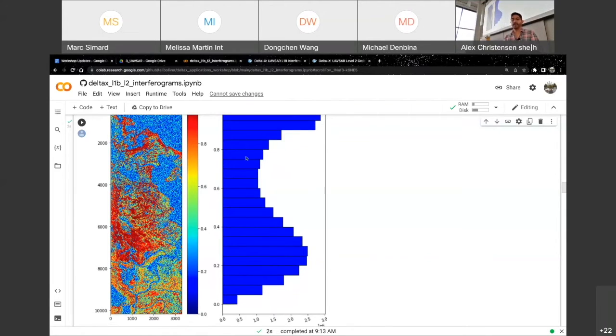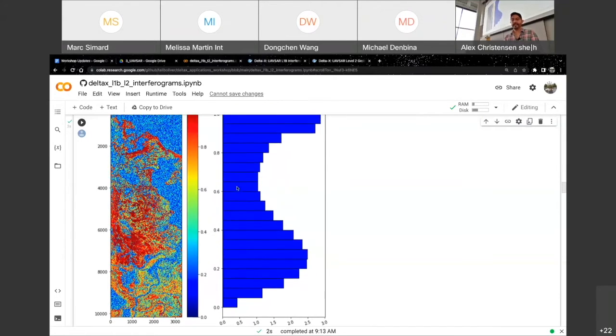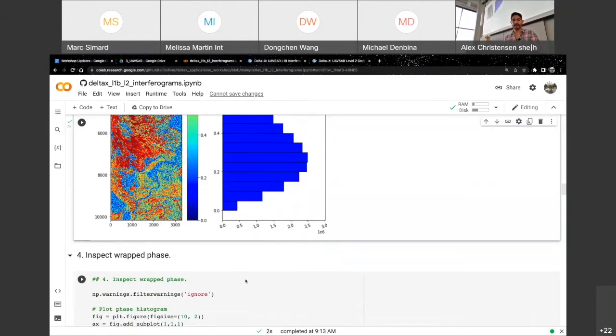This is useful because we can play with these thresholds and separate the water using our histogram. In this case, we know that the water is mostly located in this lower part of the coherence, so we can threshold it, create a mask, and get rid of that water.